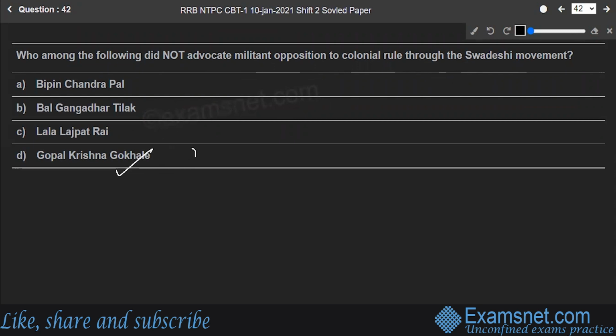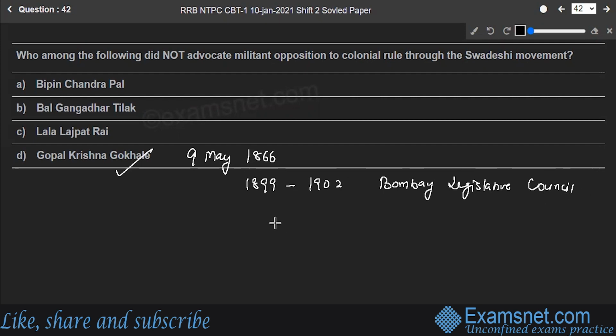He was born on 9th May 1866 in Bombay Presidency. From 1899 to 1902, he was a member of Bombay Legislative Council, followed by a stint in the Imperial Legislative Council from 1902 until his death.